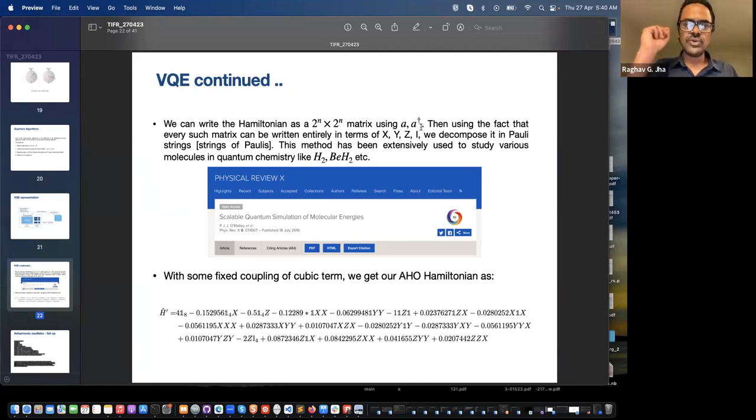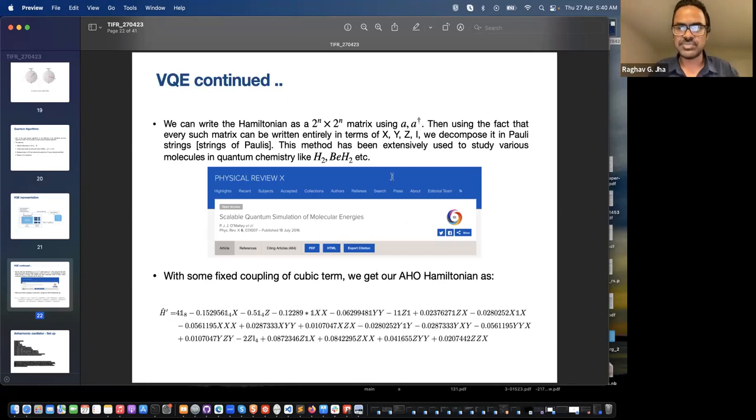Then we use the fact, which is very important, that every such 2^n by 2^n matrix can be written entirely in terms of X, Y, Z, and I. They form a complete basis. These are the Pauli matrices with the identity. Once we rewrite the Hamiltonian in terms of these, they become something called a Pauli string, which is just a combination of different Pauli matrices Kronecker-multiplied together.